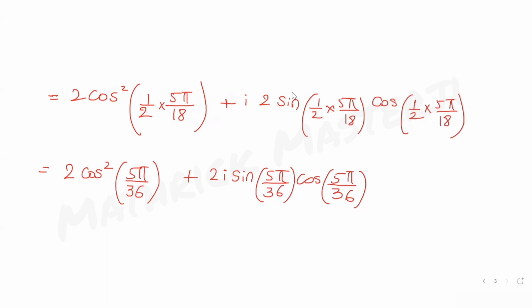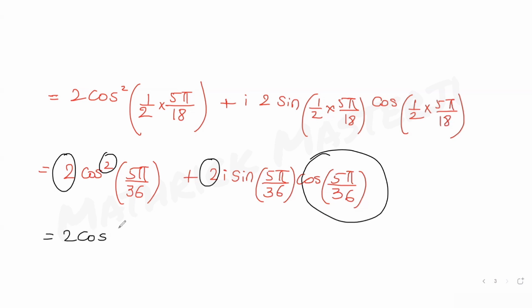From this, if I take out something common, I can take out 2 and cos(5π/36) from here, and here also I can take out 2 and cos(5π/36).